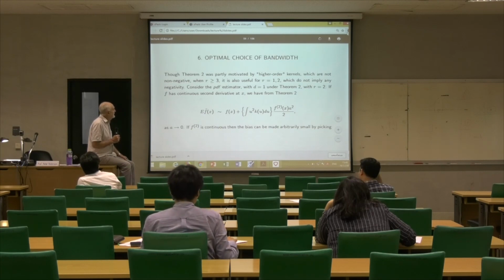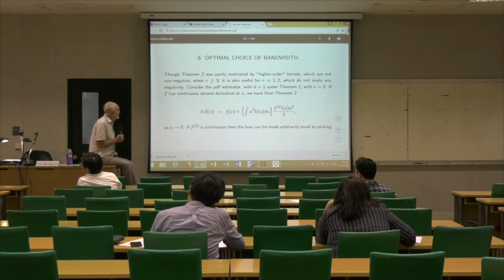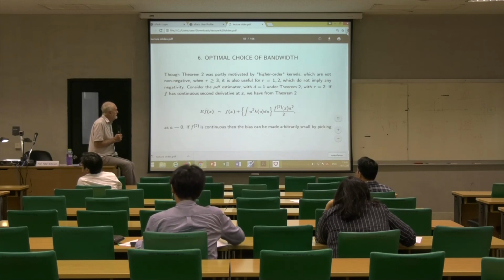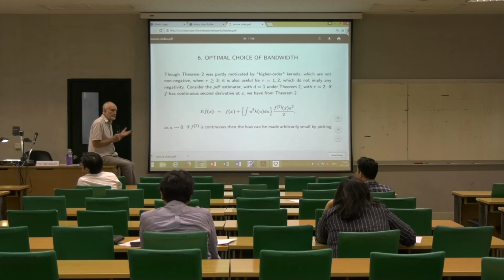Now, theorem 2 is partly motivated by higher order kernels, but it's also useful for when you haven't got so much smoothness and you have an ordinary kernel. Because as we said, in that case, when r equals 2, you get a bias of order A squared.